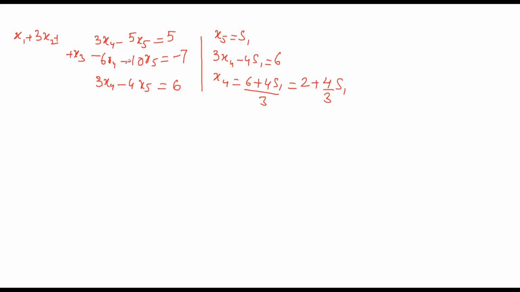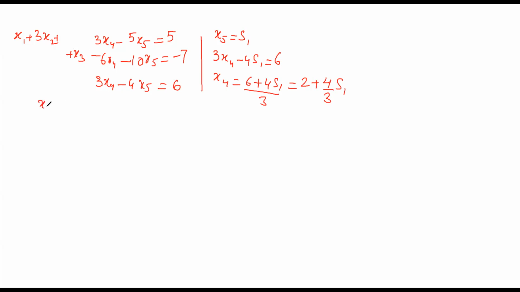And now in the previous equation, we have x5 and x4, right? We now know the values of x5 and x4, and from the application of this previous equation, we can find the value of x3, because we know these values.